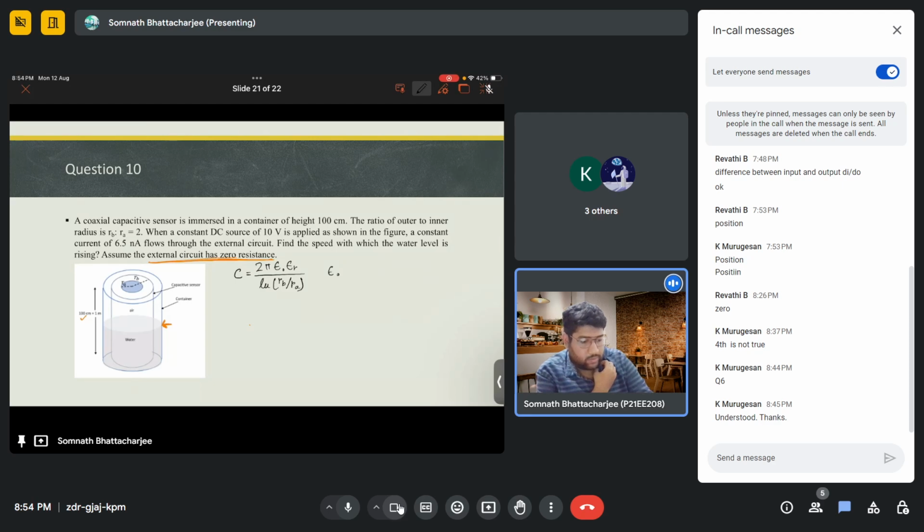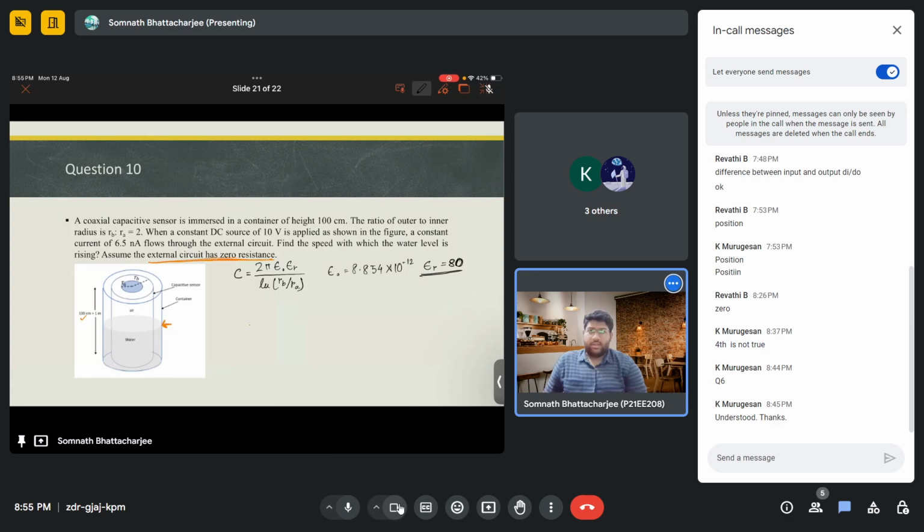And we know epsilon naught is nothing but 8.854 into 10 to the minus 12 with the units. And epsilon r is given in the equation. That was 80. I missed it, but let's say this is epsilon naught. This is the value.